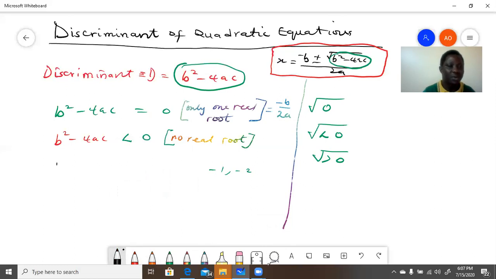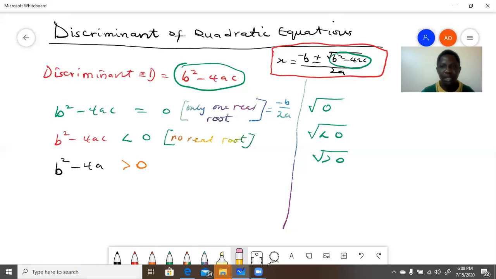Okay. So the third condition is when the discriminant, b squared minus 4ac, is greater than 0. If your discriminant is greater than 0, then what will happen to the roots? Greater than 0 means the number under the square root sign can be 1.